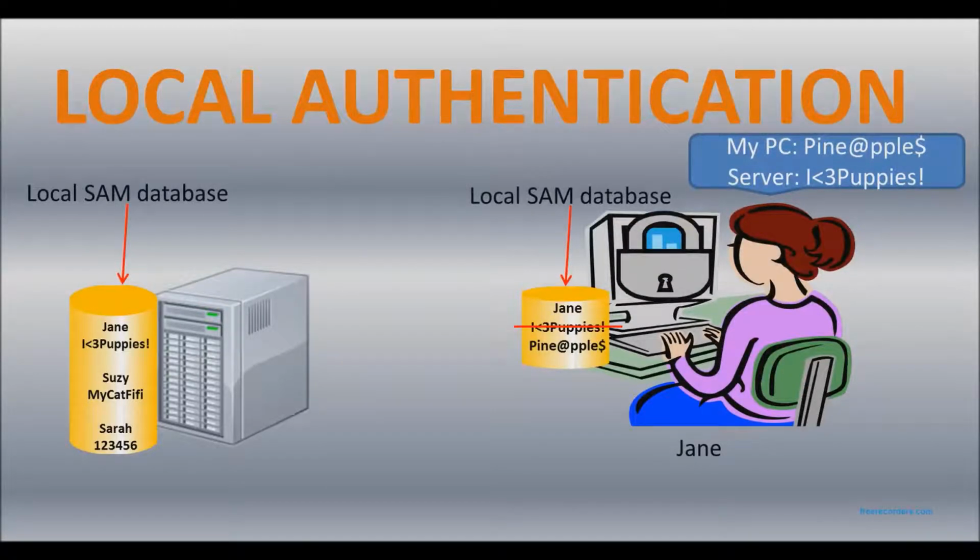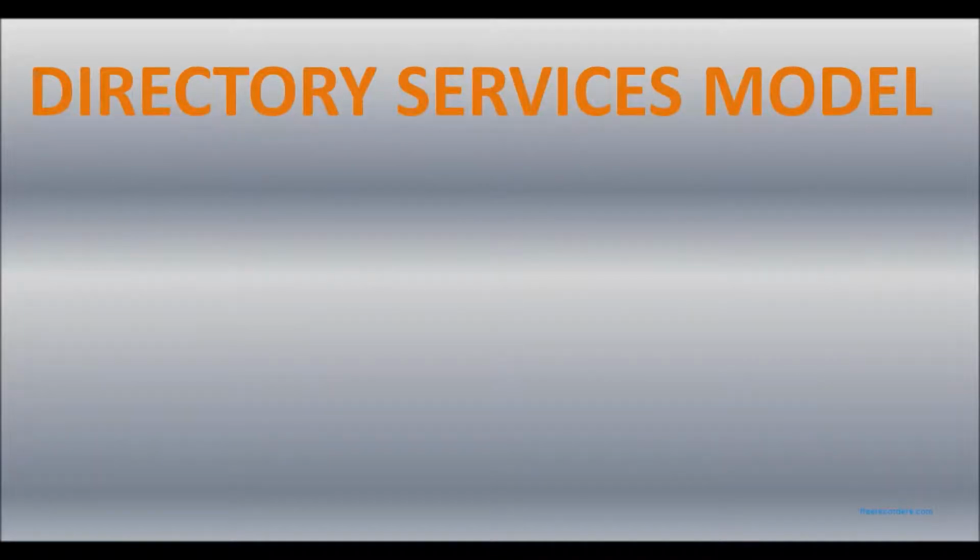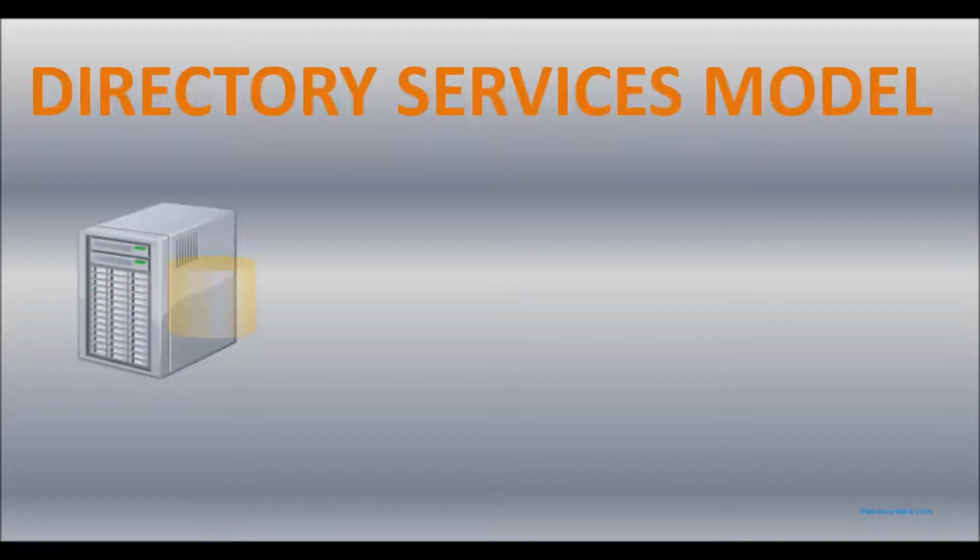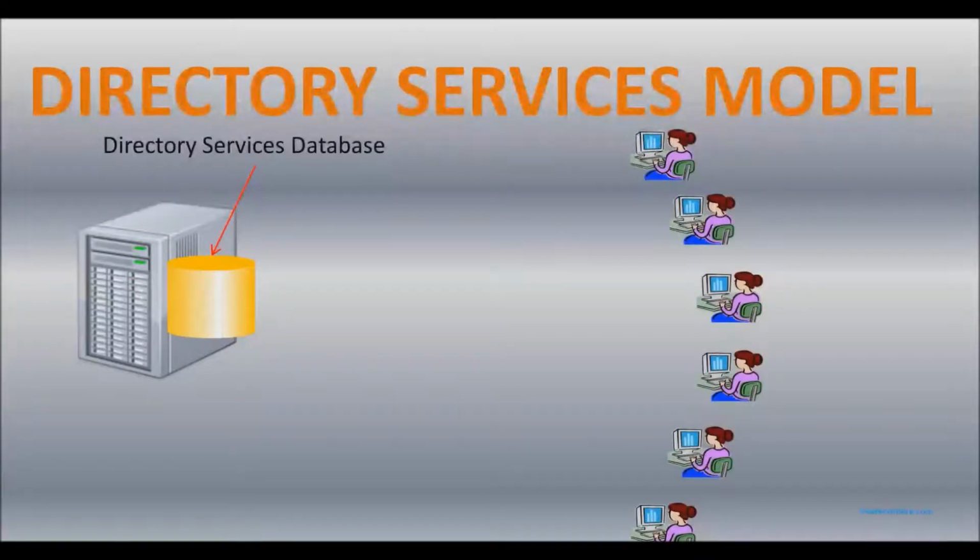So in walks the directory services model. The directory services model is going to use a directory services server. And on this server, we have a database called a directory services database. This guy will keep up with the user accounts and passwords for everyone in the network who is a part of this directory services network.